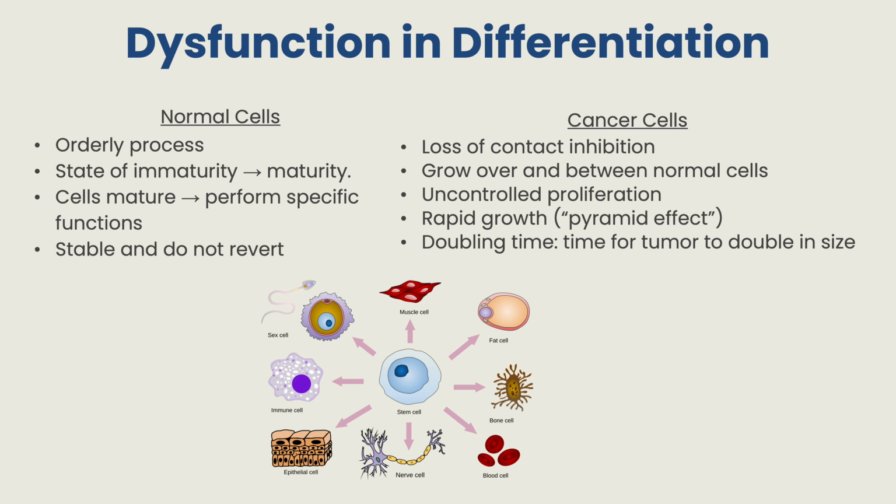This causes rapid and excessive proliferation, often described as a pyramid effect, where more and more cells are produced at an accelerating rate. Also, cancer cells tend to have a shortened doubling time, which refers to how quickly a tumor can double in size. This further contributes to their excessive growth.